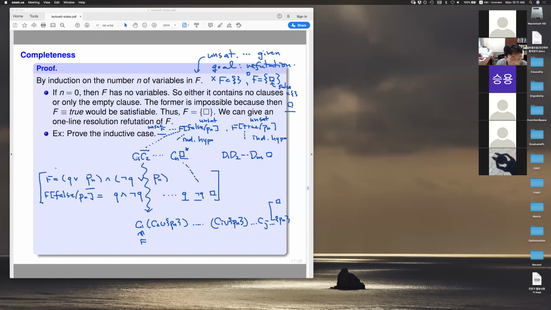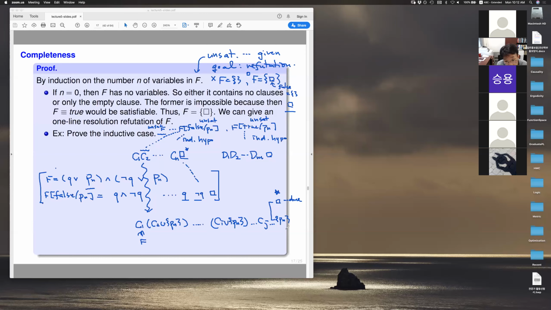In other words, we take this refutation and add Pn whenever necessary to convert this derivation into a derivation from the original F. Now, if we end up with the box case, then we are done. This is a derivation from F that leads to the box contradiction. So we have a refutation, and we are done.